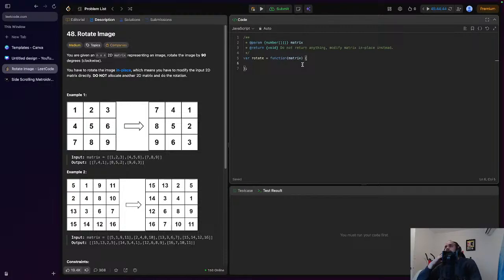I was gonna say I can kind of imagine, but we can't allocate more memory. So I know that there is some kind of rotation matrix that we could potentially use, but not really a matrix.